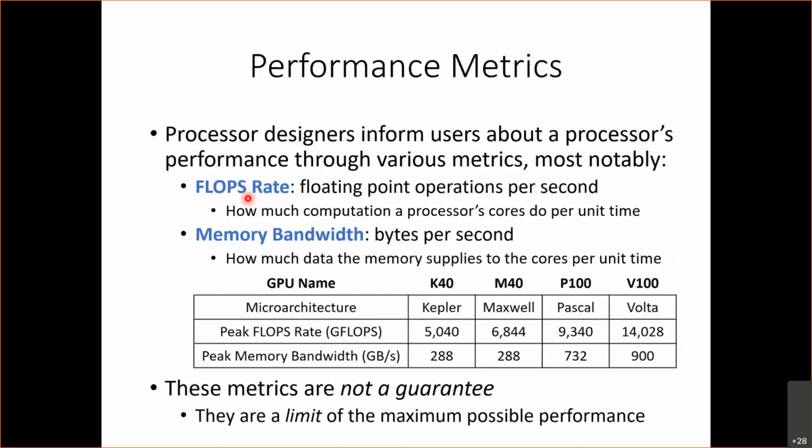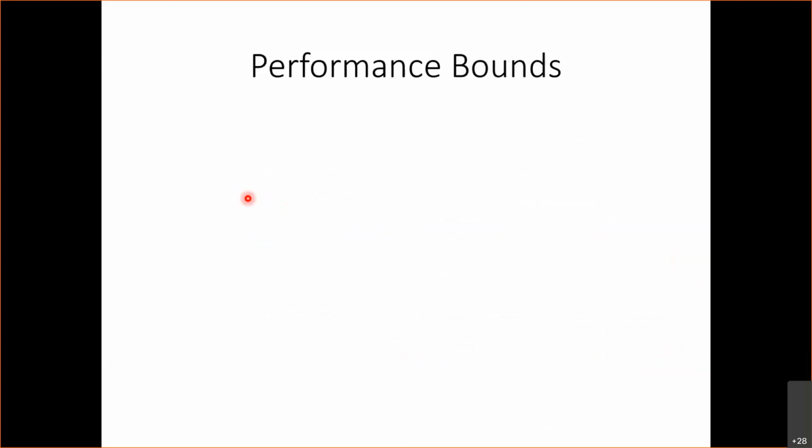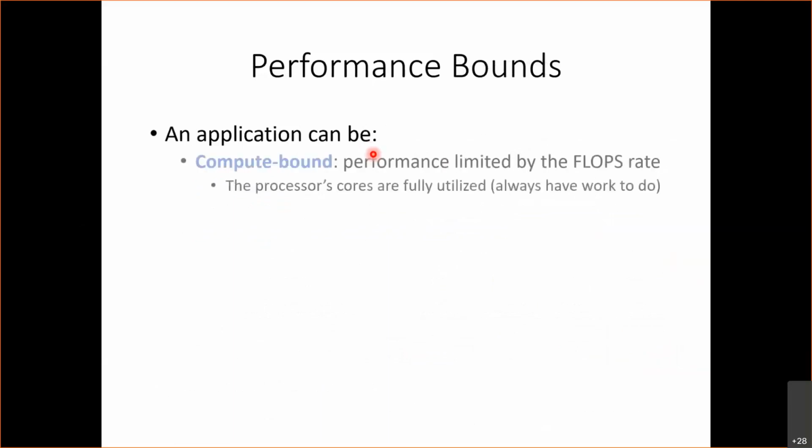Okay, so more on performance bounds. An application that runs on a GPU, or on any processor, can be compute bound. What it means for an application to be compute bound is that it's limited by the flops rate. In other words, our processor's cores are always fully utilized. They always have something to do.